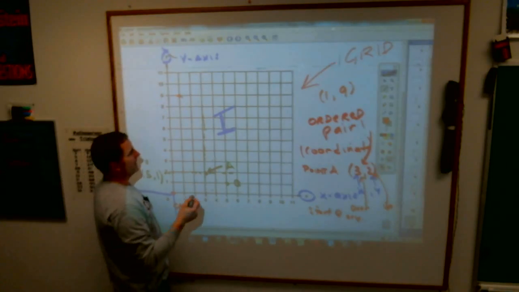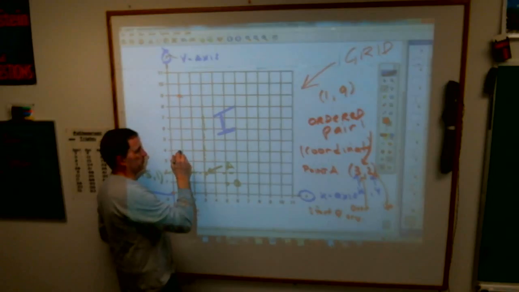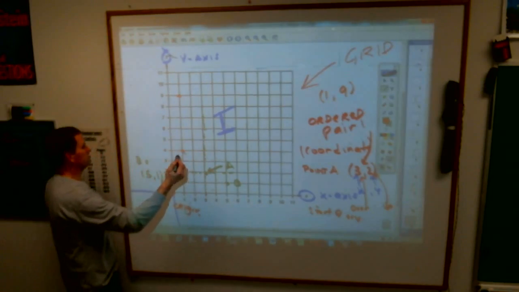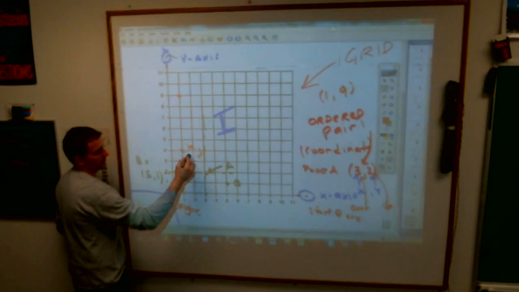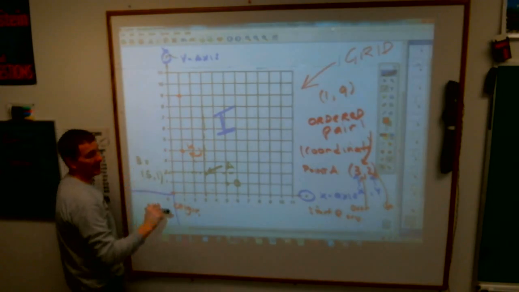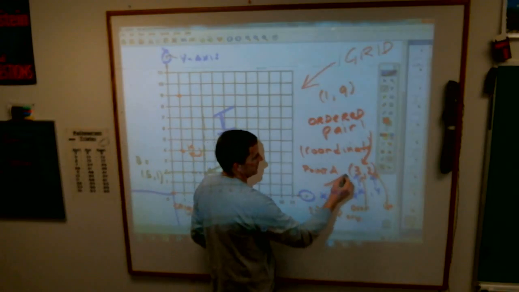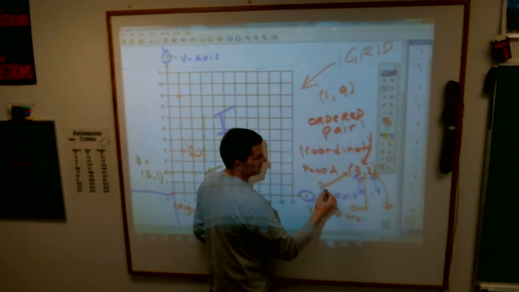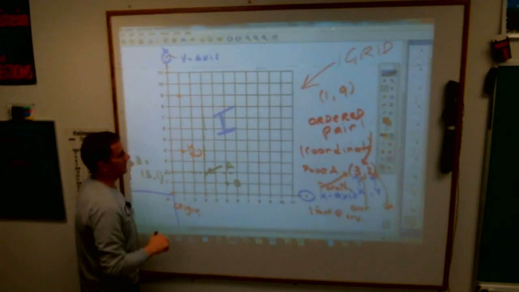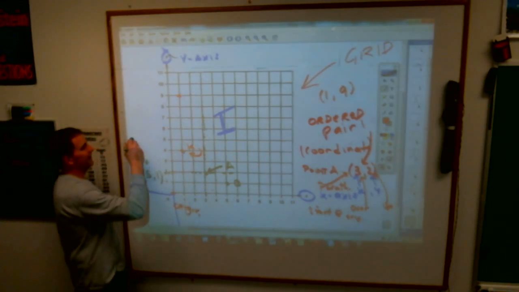What about this? What if I asked you what this point was? What are the coordinates of this point? Let's call it point K. What would be the coordinates of that point? And coordinates, by the way, must be in parentheses. You have to put in parentheses. What is the coordinate of point K?